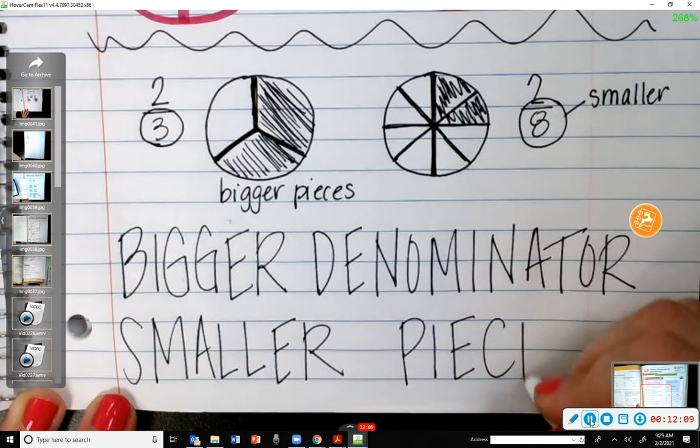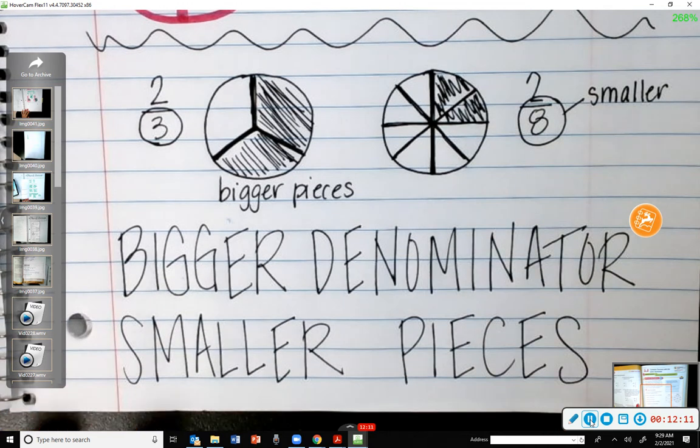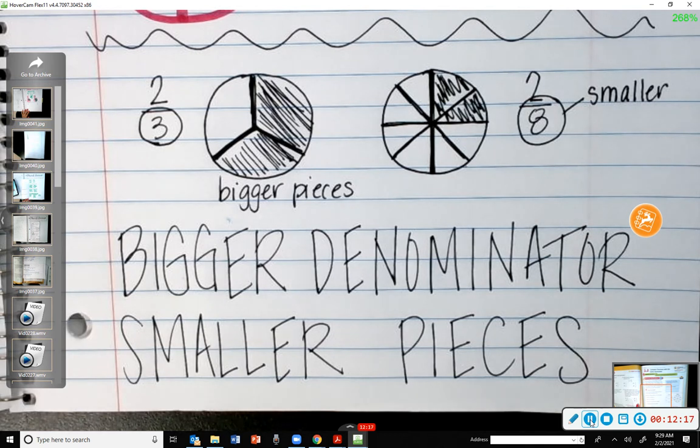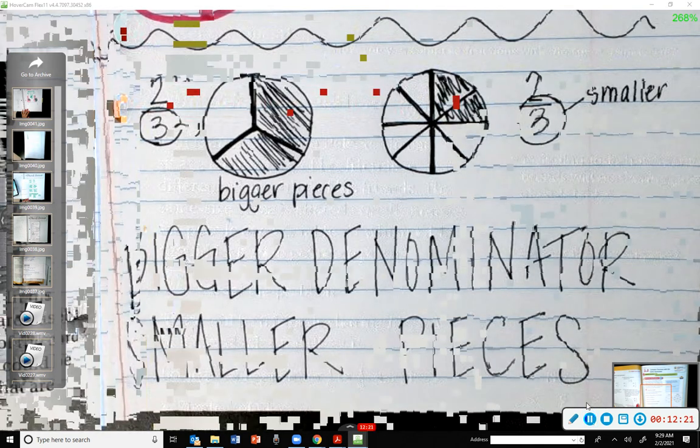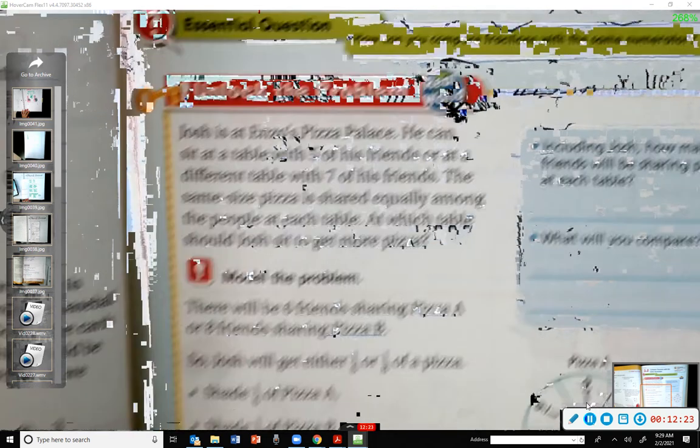So the higher that denominator gets, that tells me that those pieces are going to be smaller, okay? Bigger denominators. Okay, so now we're done with our notes.